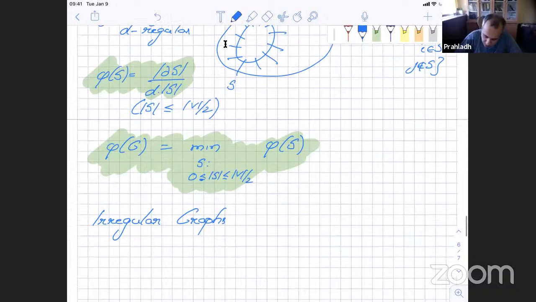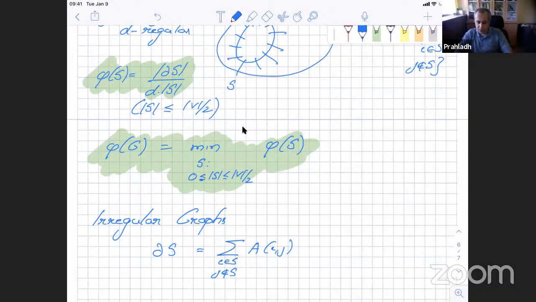So there I'm going to define dou S. Dou S, this quantity, I'm just going to write it as the summation of all a_ij, i in S, j not in S. So I'm just going to count.